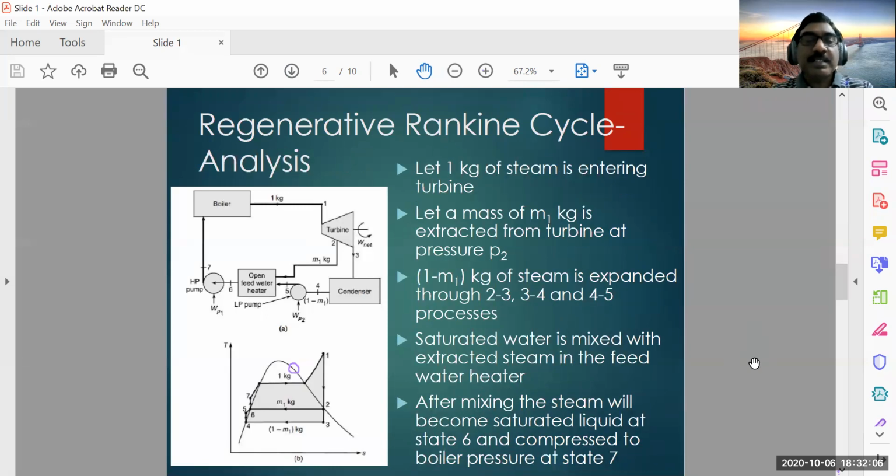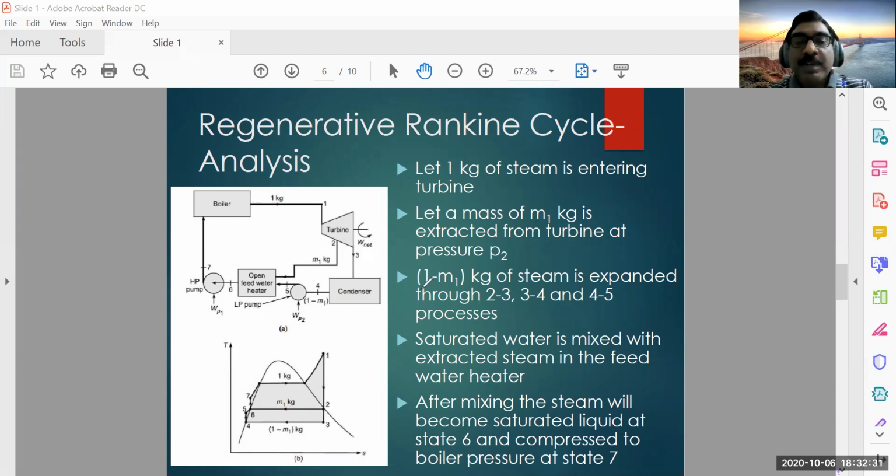Let us see the analysis here. Let 1 kg of steam enter the turbine, and let a mass of m1 kg be extracted from the turbine at pressure P2. So some mass will be taken out of 1 kg.